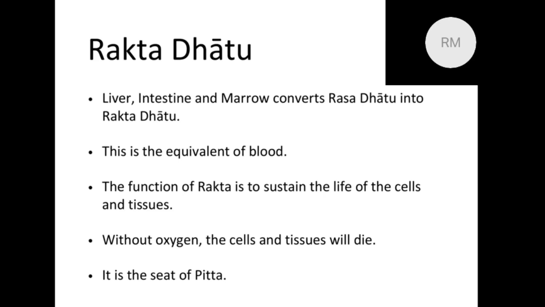Now while Rasa Dhātu is the seat of Kapha, Rakta Dhātu is actually the seat of Pitta. So this is the difference. Is this clear? So the seat of Rakta Dhātu is liver and intestine, and it is also the seat of Pitta. So the next Dhātu is Mamsa Dhātu.